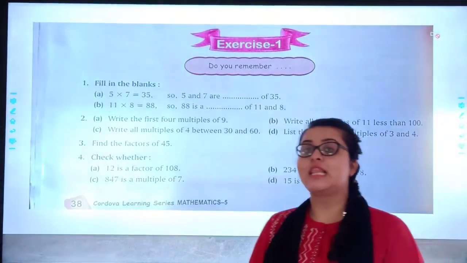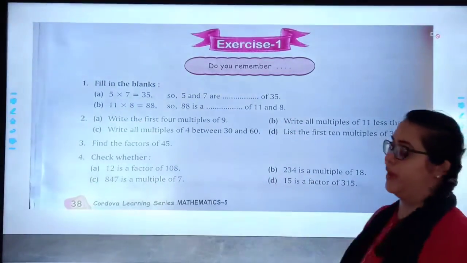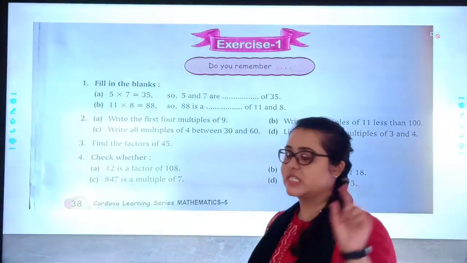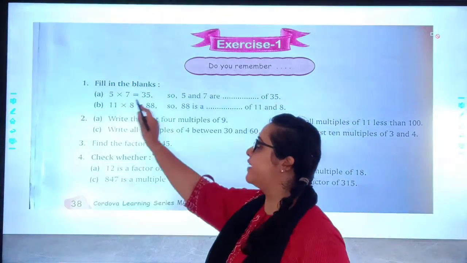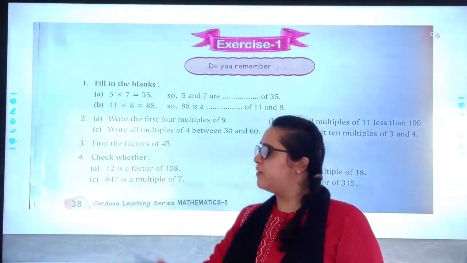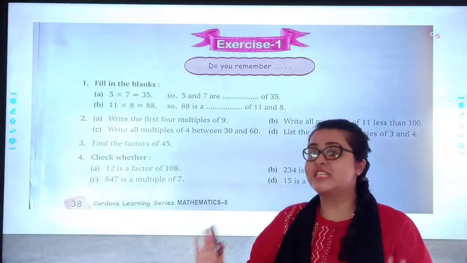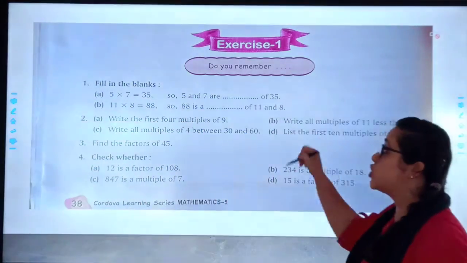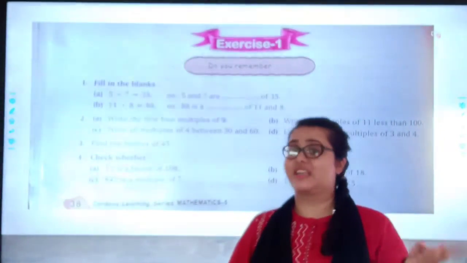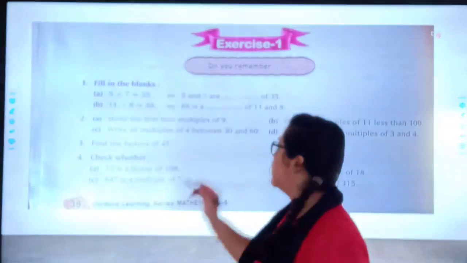So students, let's discuss our exercise 1. First question is fill in the blanks. A: 5 into 7 equals 35. 5 sevens are 35. So 5 and 7 are dash of 35. What will 5 and 7 be of 35? Factors or multiples? Yes, factors.